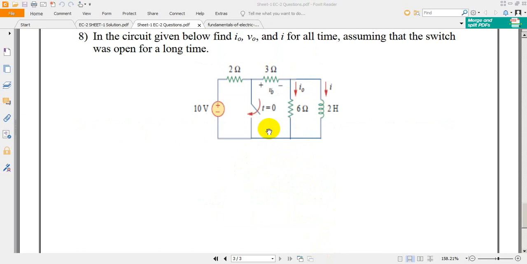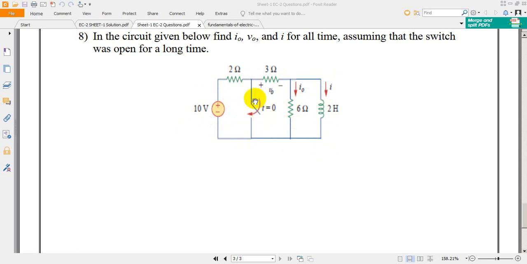The hint I am giving on how to do this is a homework problem. You need to first draw the circuit before the switching operation. Before the switching operation, this is open, the circuit will be in this format. Only this part is existing and this short circuit is not there.